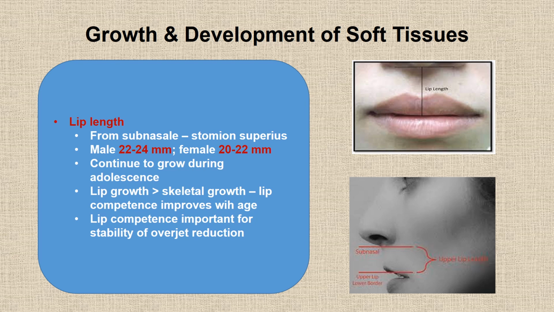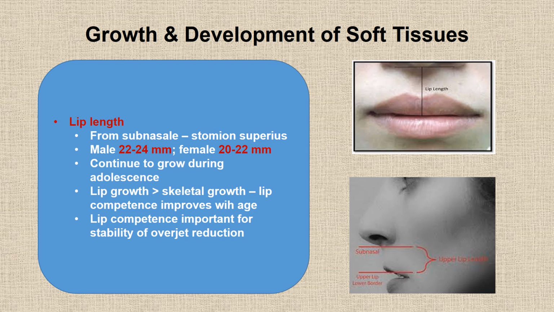Now, let's have a brief look at the growth and development of the soft tissues, as these have an intimate relationship to the growth of the bony skeleton. Lip length is defined as the distance from the subnasale to the stomion superius. In males, it is about 22 to 24 millimeters.